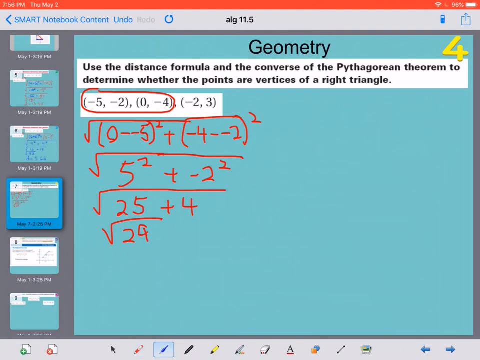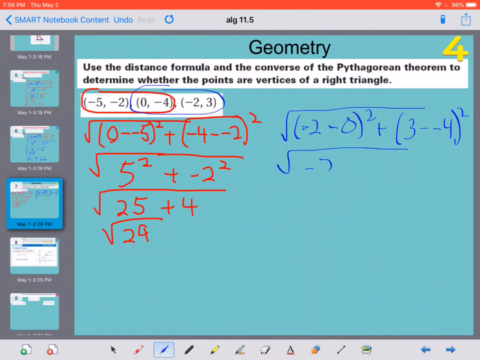I'm going to find my next distance, between (0, negative 4) and (negative 2, 3). This changes our x's and our y's. Our x2 this time is negative 2 minus 0 squared plus 3 minus a negative 4 squared.